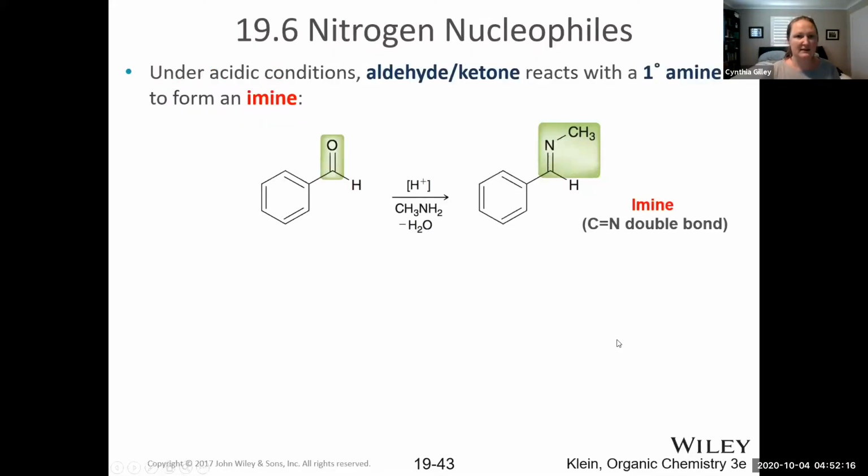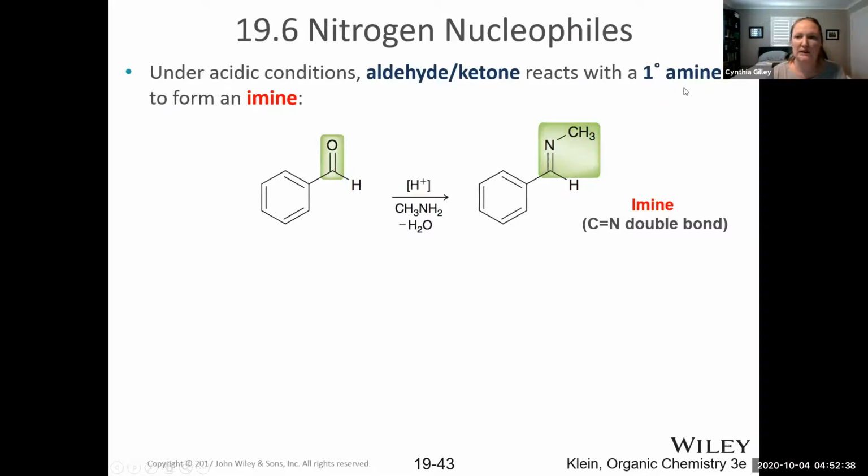Okay, going back to the slides, let's move on and start talking about nitrogen nucleophiles. So with nitrogen-based nucleophiles, over the arrow, we're going to see some sort of amine, right? And we're going to classify them as either being a primary amine or a secondary amine, right?